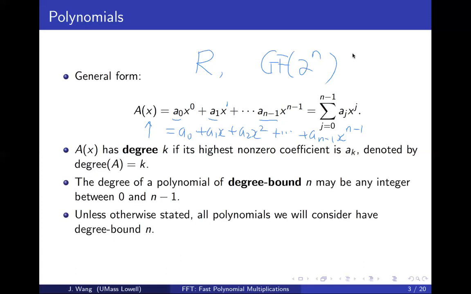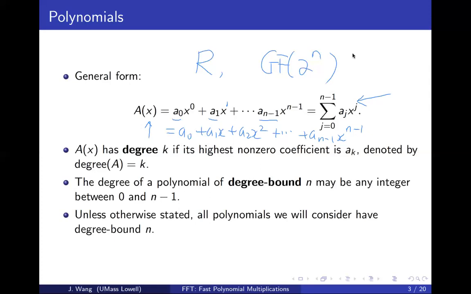So in shorthand, we're using a summation notation, so that's written in this way. So we're going to give a name to it about the degree. So this A(x), in this case, has a degree n minus 1.